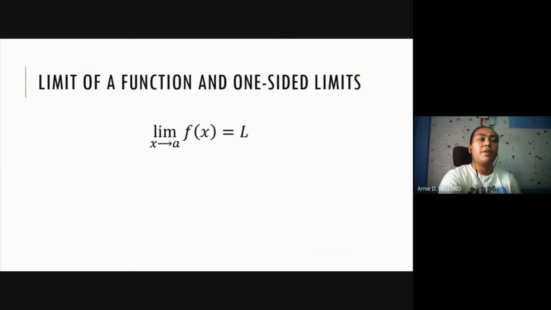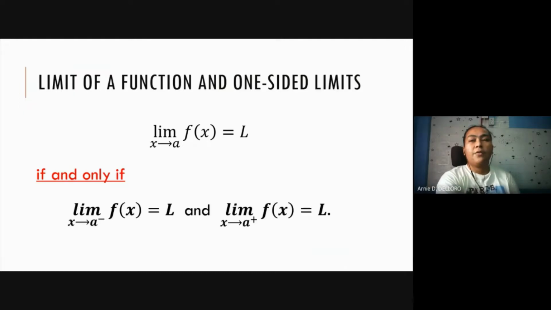So the limit of a function and one-sided limits. We have the limit of f of x as x approaches a is equal to L if and only if, take note, the limit of the function exists if and only if the left-hand side limit and the right-hand side limit exist, and they should have the same value.